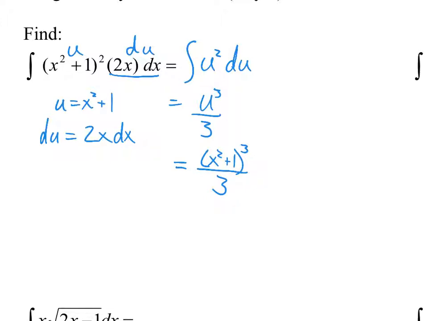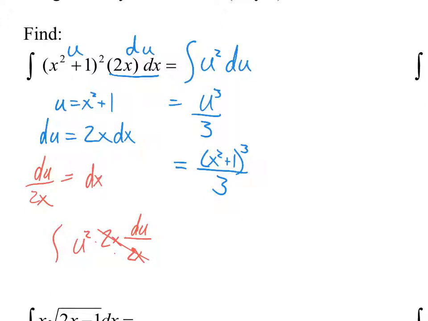Oh, that would work actually. If you made dx equal to du over 2x, and then substitute that in, you'd have u squared times 2x times du over 2x, and then the 2x's would cancel. If that helps you to think it through that way, that's fine.